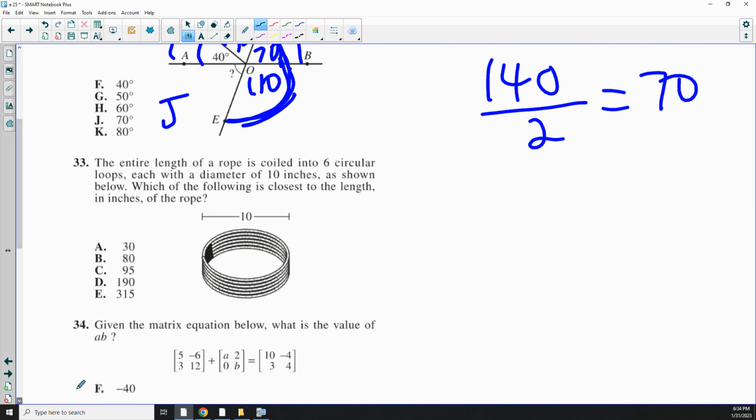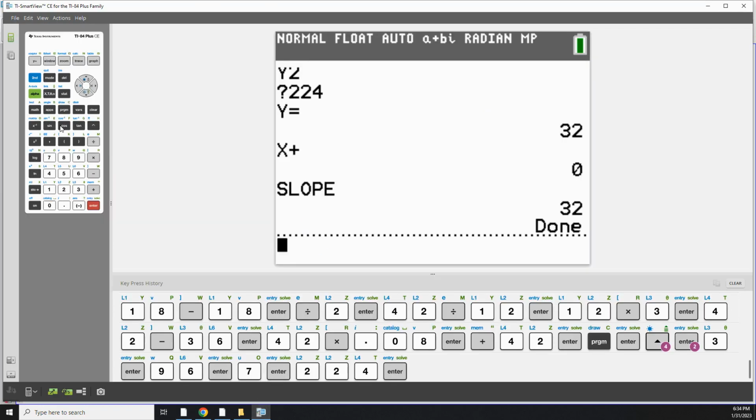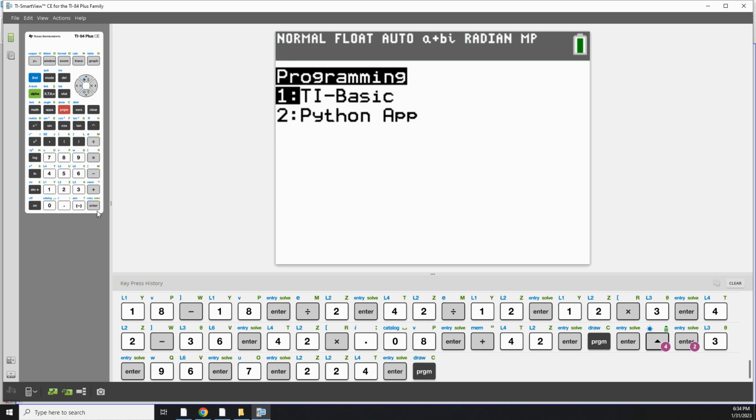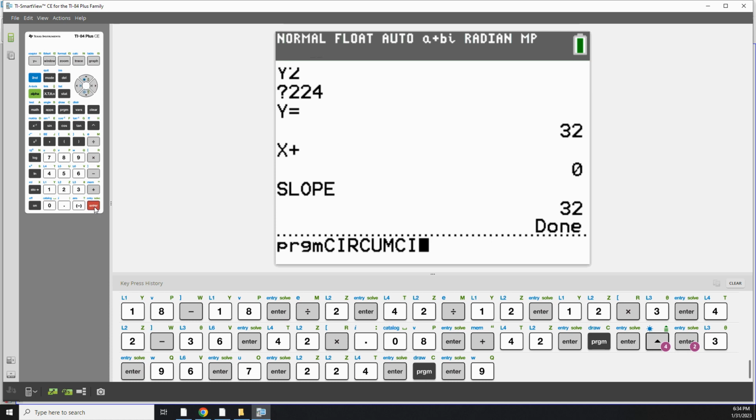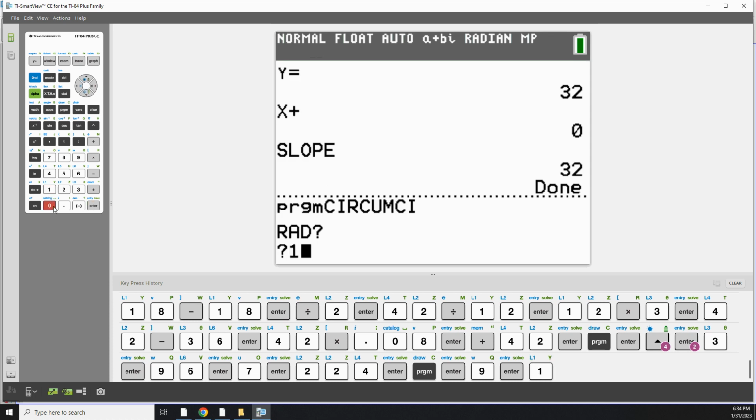33 is about circumference of a circle, because it is the 6 circular loops with diameter 10. So how much rope do I need? So you can use the program circumference of a circle, which is number 9. Diameter, be careful, is not 10.